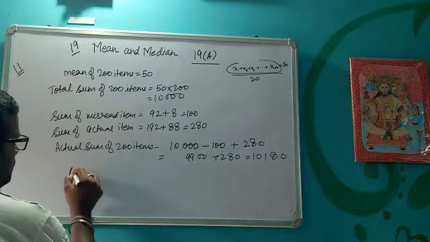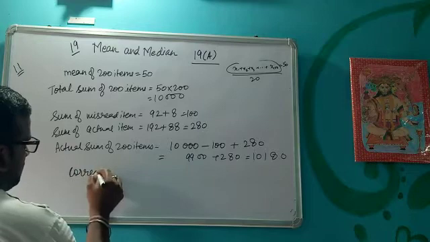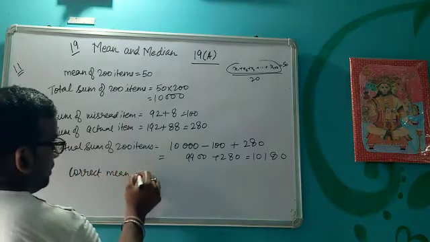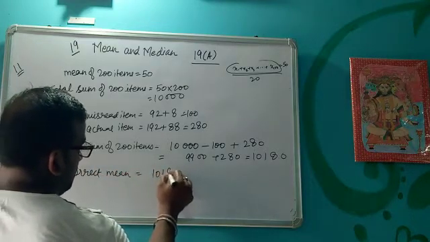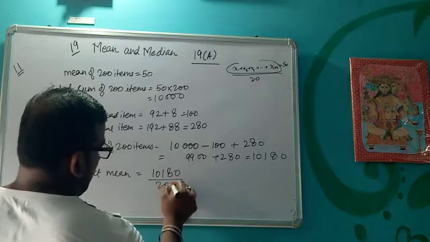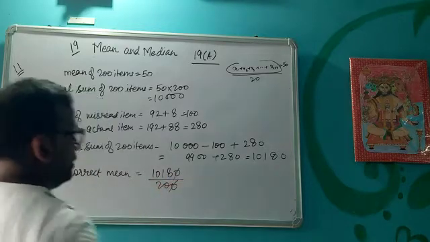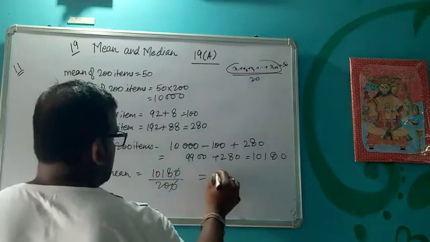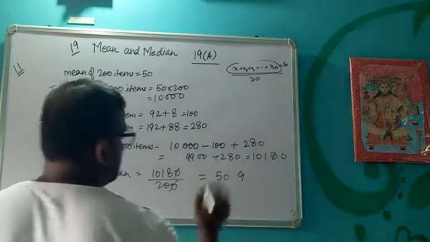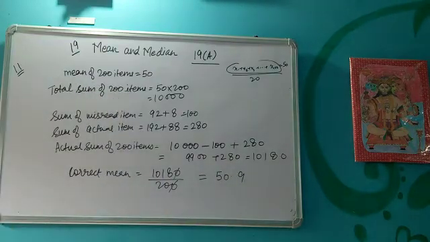So let's calculate the correct mean, that is 10180 divided by 200. Okay, so this will be our correct mean.